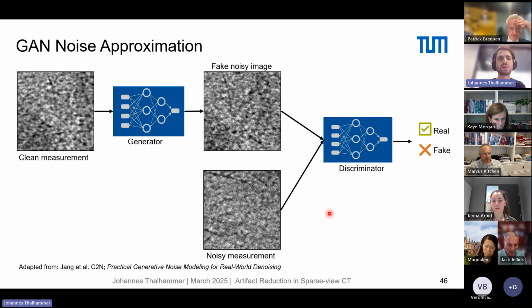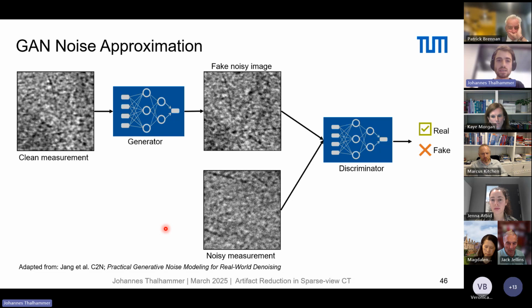You train a generative adversarial network. You feed in a clean measurement into a generator network. This one predicts a fake noisy image. And then you feed a fake noisy image and an actual noisy measurement into a discriminator network. And this one decides, okay, is this real or fake?